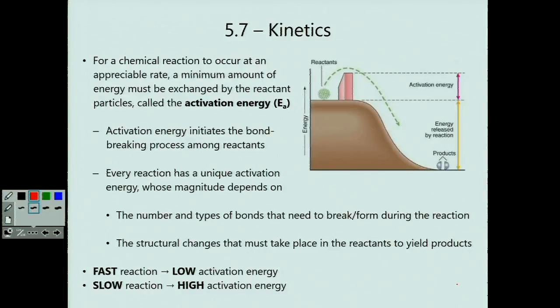If that amount of energy is not provided, or it cannot be absorbed, or it cannot be exchanged, there's no reaction. Okay? Until you get to that point. That energy is known as the activation energy, abbreviated capital E with a subscript little a.